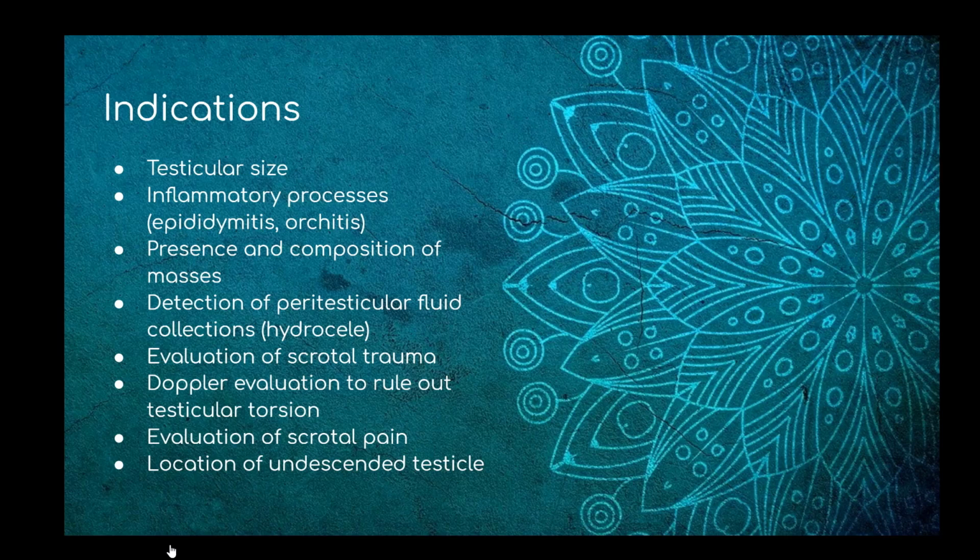And then I would say probably palpable mass would be the next most common, and then lastly probably swelling of the scrotum. Just off the top of my head, those are probably the top 4 reasons that we see testicular orders being put in. And that really covers kind of the basics of everything that we talked about. And then we did also talk about locating undescended testicles as well.